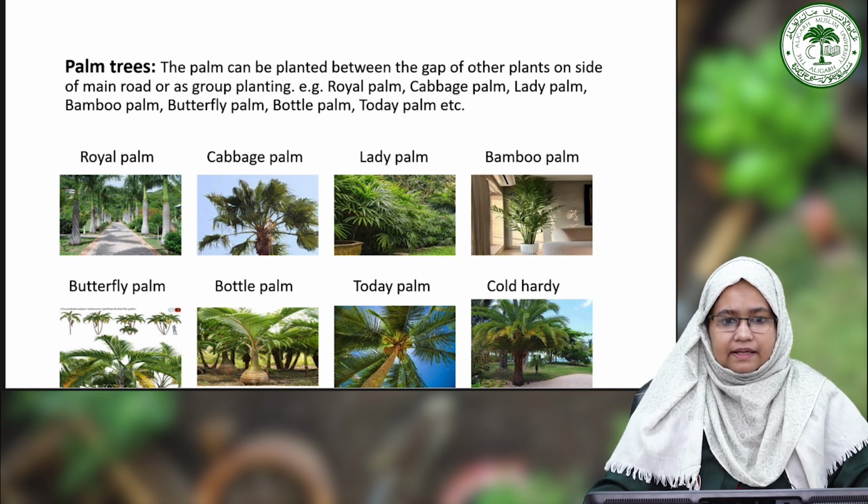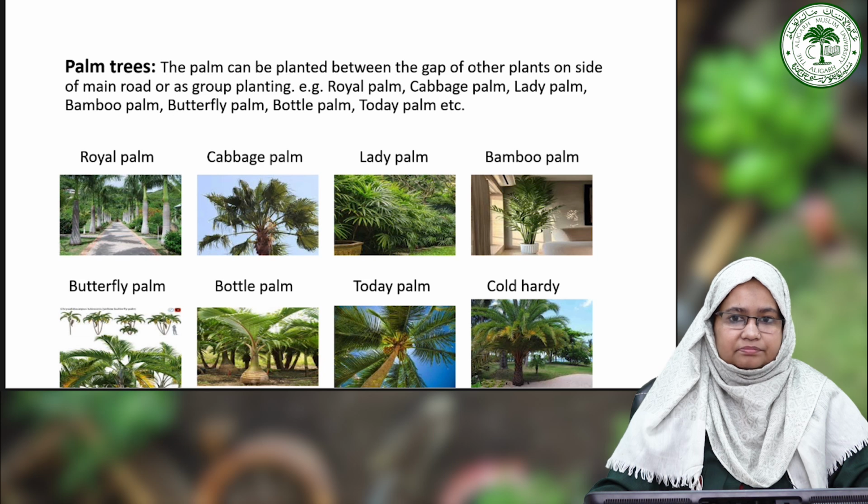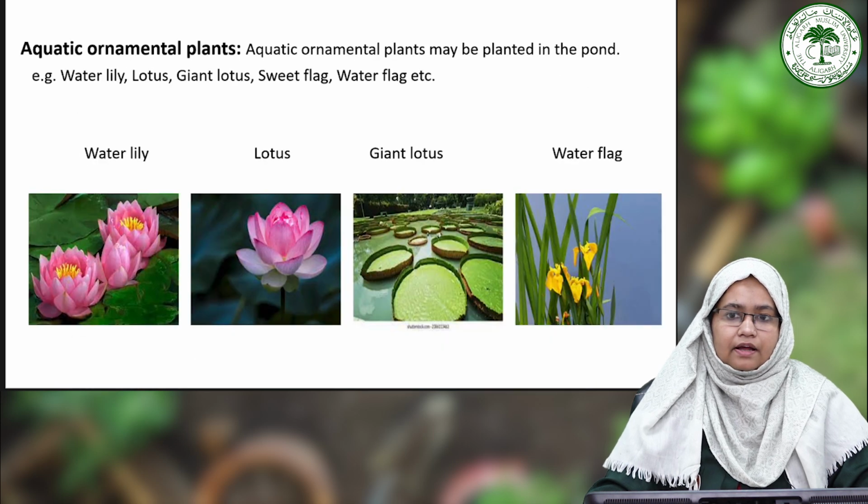They add beauty to the roadside and also to avenue plantings. Aquatic ornamental plants may be planted in the pond, like water lily, lotus, giant lotus or water flag.